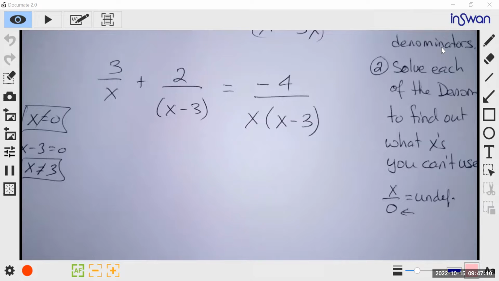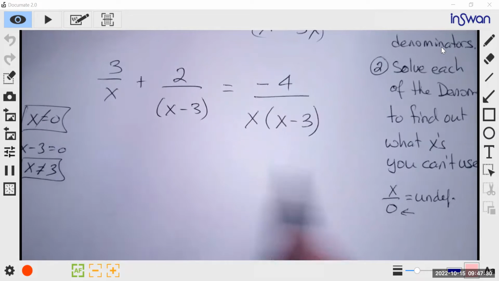Now, when we solve the rest of it, whatever is not 0 or 3 will be our answers. So I took each of these denominators, the different ones, I should say, and solved for x.